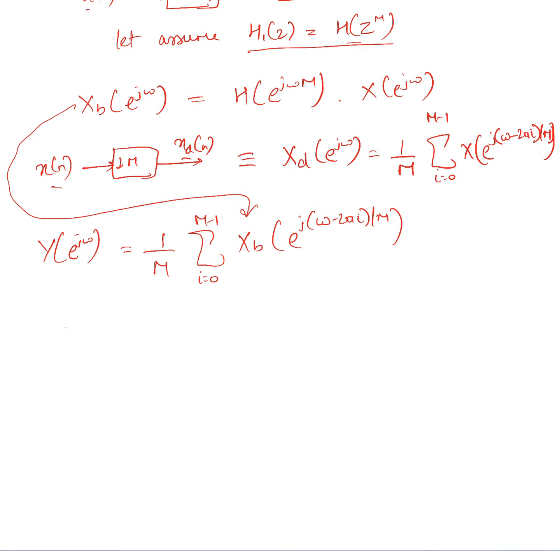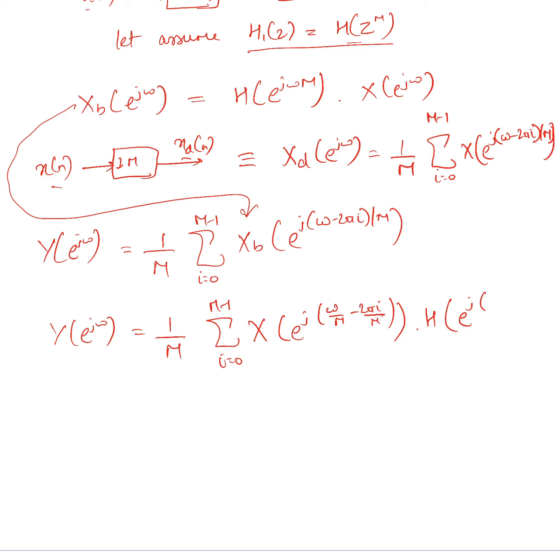Now we shall substitute this Xp here, and we can write Y of e to the power j omega as 1 by m, i equal to 0 to m minus 1, X of e to the power j omega by n minus 2 pi i by n, times H of e to the power j omega minus 2 pi i, right?